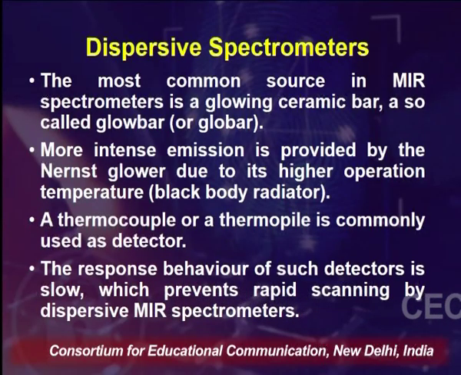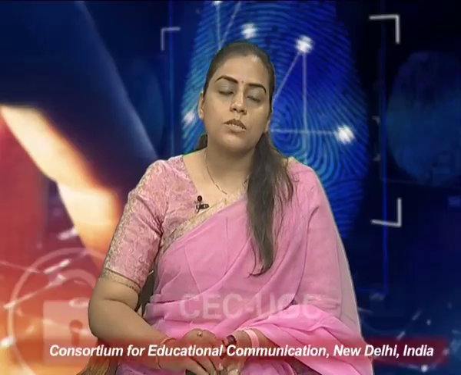So, in the dispersive spectrophotometers, or normally in the IR spectrophotometers, there could be many sources which we use, and there could be many different types of detectors which we can use depending upon what kind of sample we have to analyze. Now, the question is, if we are analyzing the sample, how do we know which kind of sample this is?